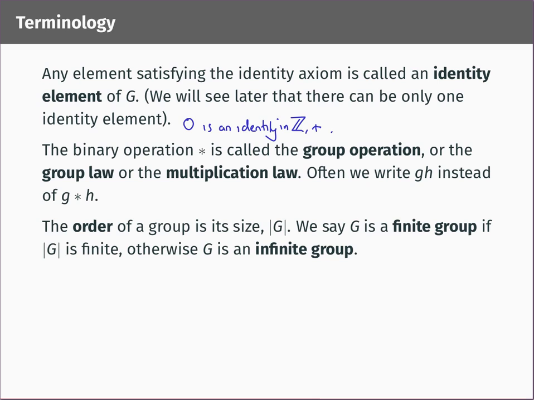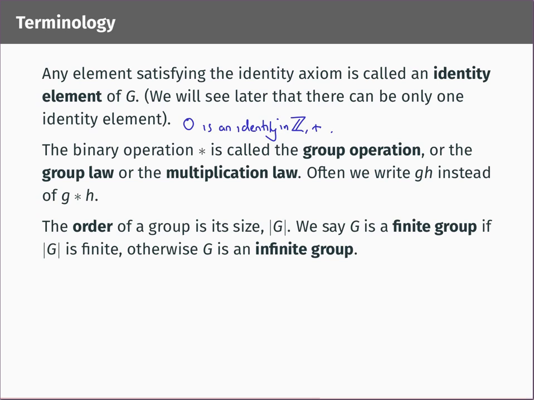Secondly, we'll refer to the binary operation in the definition of group in several different ways. It's called the group operation, or sometimes the group law, and it's sometimes called the multiplication law. Often, to help us gain fluency in manipulating elements of groups, it's useful to use some of the algebraic skills we already have based around multiplying numbers. Many of the rules that apply to multiplying ordinary real numbers also apply inside groups.